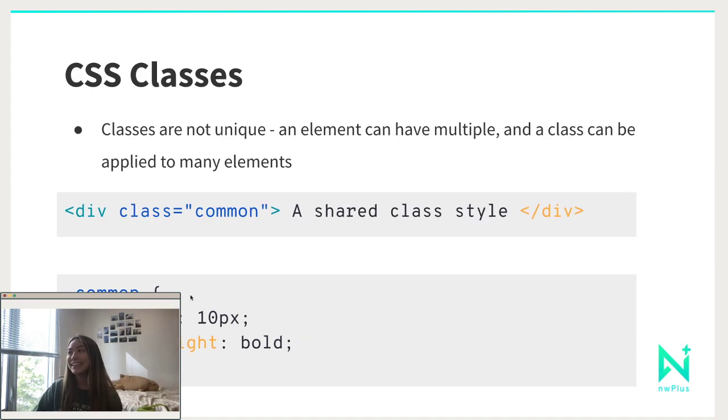Classes are not unique. Like in the previous workshop, if you had repetitive elements or something you would be using commonly throughout your website, you would probably use a class instead of an ID. This can be applied to many elements, and an HTML element can also have multiple class attributes.